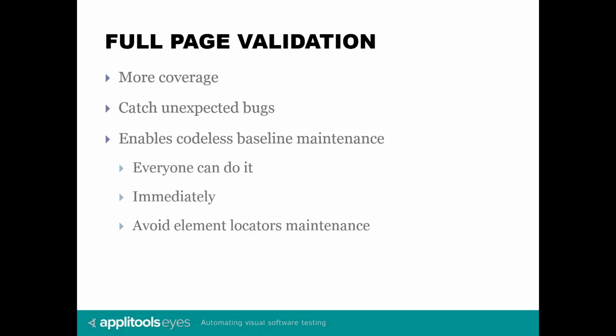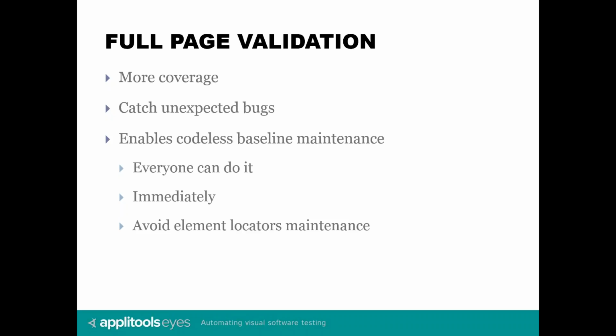You don't need the person who knows the test code and how to read the logs to find the failure and start analyzing it. Everyone in the team can do it, and they can do it immediately. They see the issue and can just choose to accept or reject it. They don't need to wait or open a ticket for someone to finish their task, or maybe they're on vacation. So the benefit here is huge.